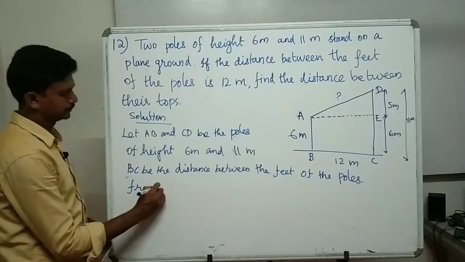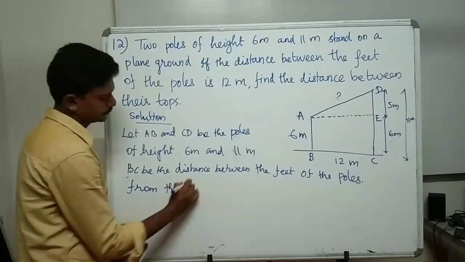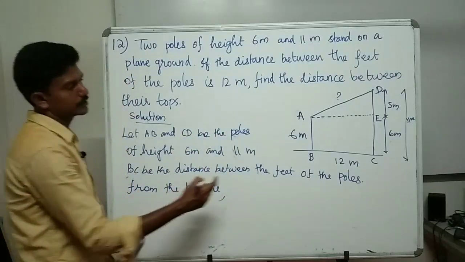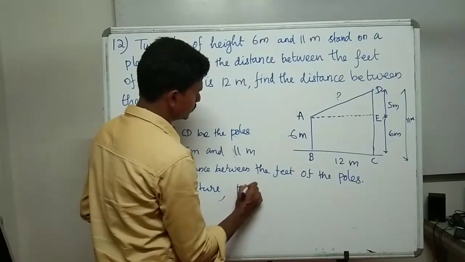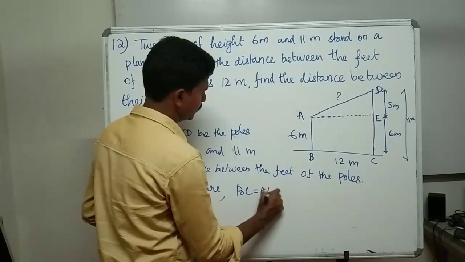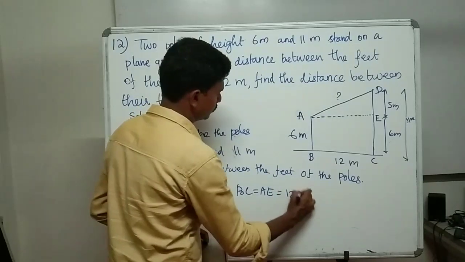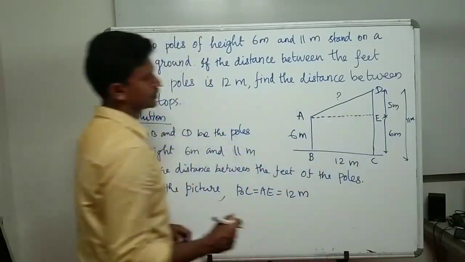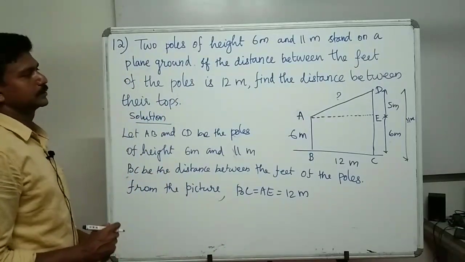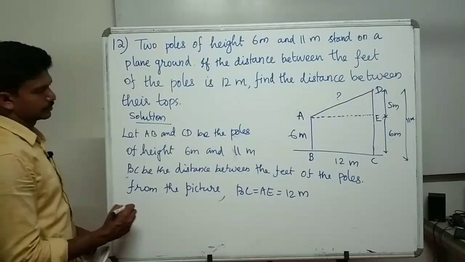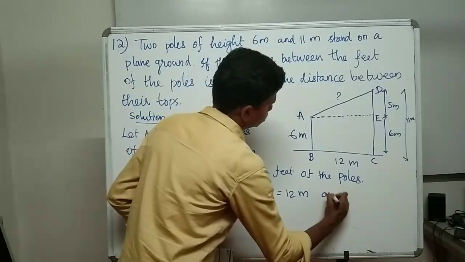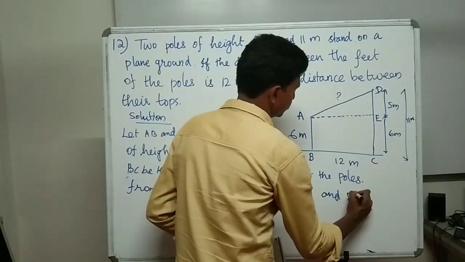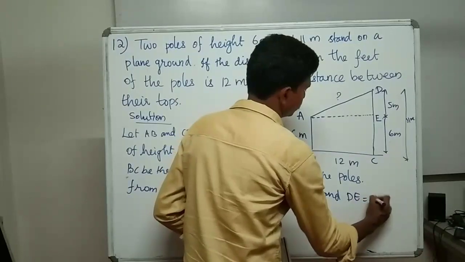From the picture we can understand that BC is equal to AE, equal to 12 meters. BC length and AE length are equal to 12 meters, and DE length is 5 meters.